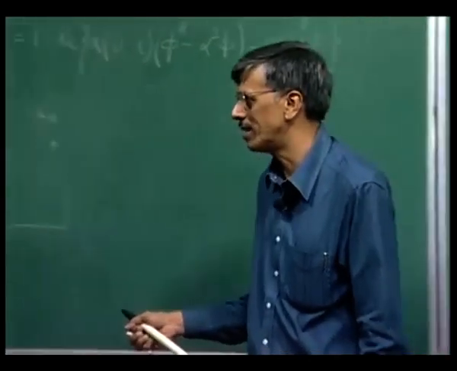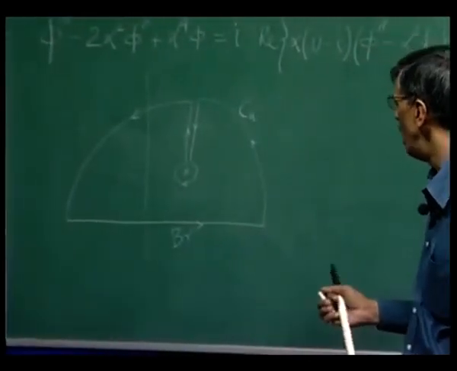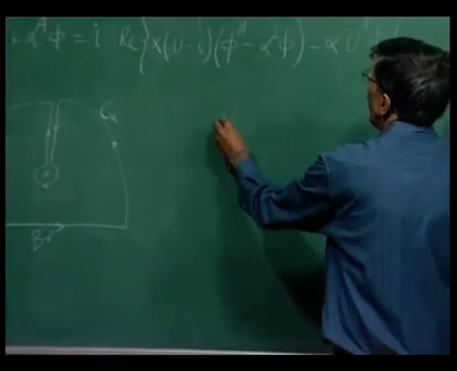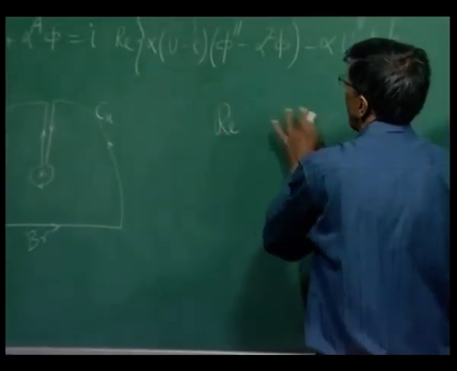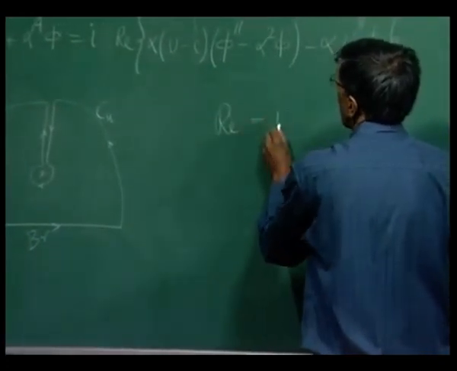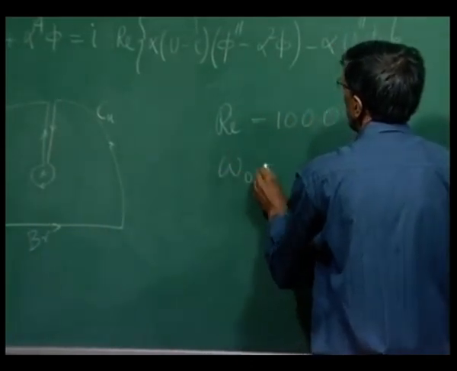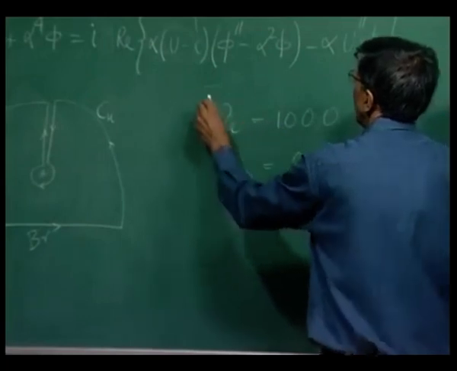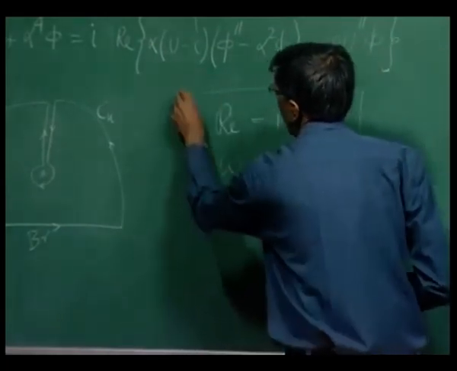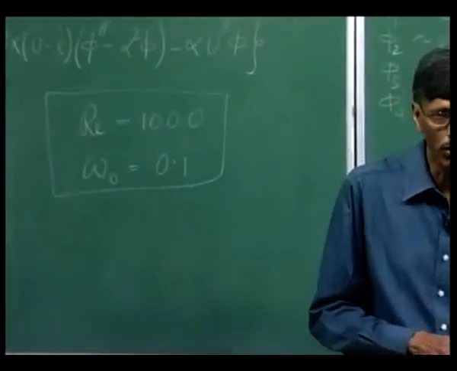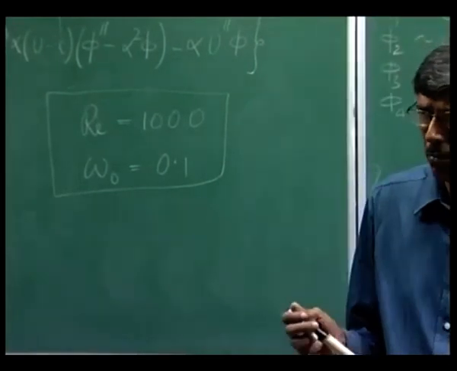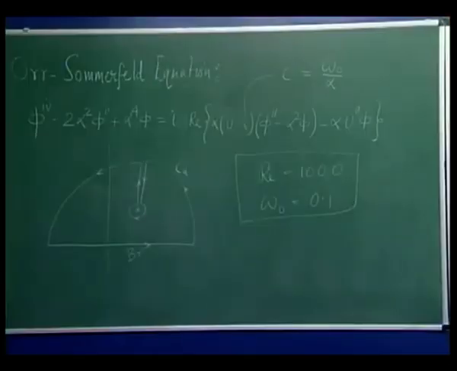Now, you look at this simple case. What were we looking at? We were looking at the receptivity of the Blasius boundary layer for Reynolds number of 1000 and omega naught equal to 0.1. And we now know how to find all the eigenvalues in a finite part of the domain by that grid search method we have studied.